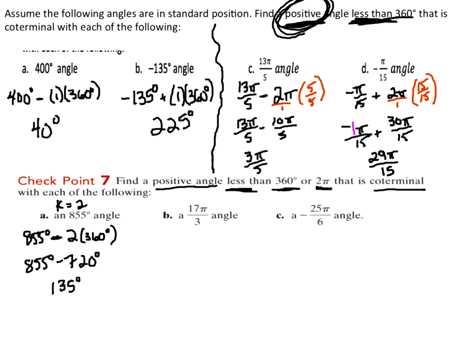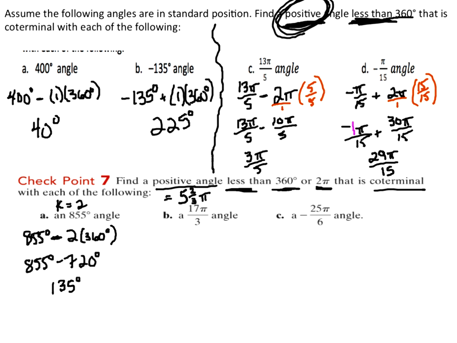So these you just have to think a little bit more on. Where am I landing if I have an 855-degree angle? All right, so 17 pi over 3. Well, 17 pi over 3 is equivalent to 5 2/3 pi.